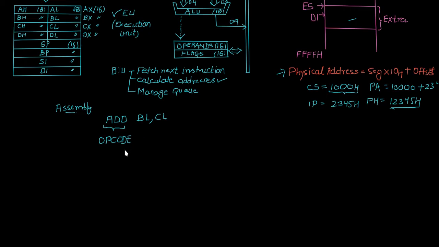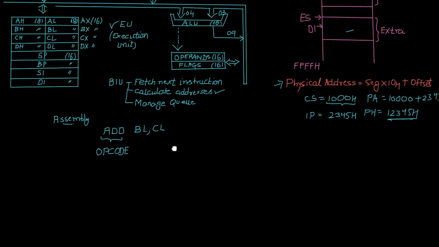So opcode basically specifies what operation that instruction is going to perform. We will study opcode in detail. It's a sequence of bits which is fixed, so the execution unit will be able to understand what exactly the opcode is.